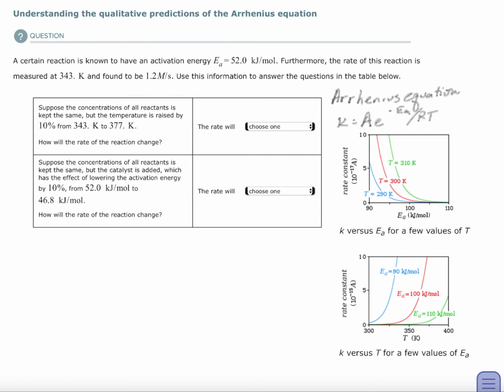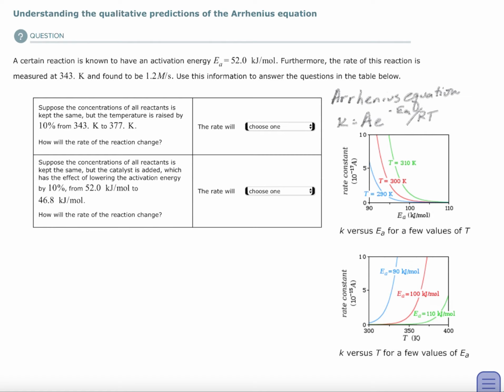So since it's exponential, if the temperature goes up 10%, your rate will go up more than 10%. But they will both go up and down together. So if you drop the temperature 5%, the rate will drop more than 5%.